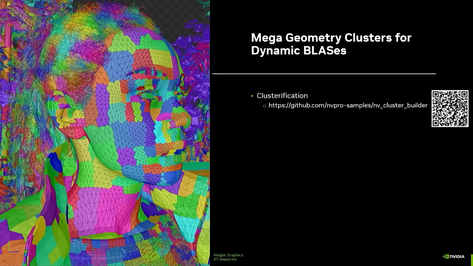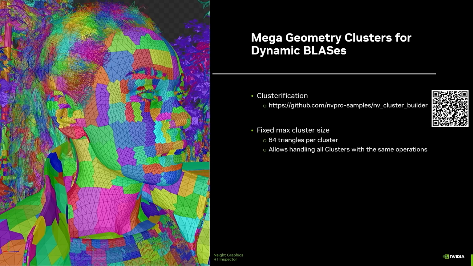The method that we used and that gave the best performance in our case is now available on GitHub as a small library. The image on the left here is a visualization of the Alan Wake 2 clusters from an Nsight Graphics capture. The latest version of Nsight is compatible with Mega Geometry, and it allows you to capture and inspect the clusters.